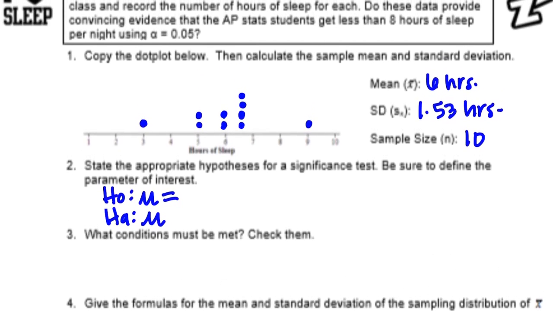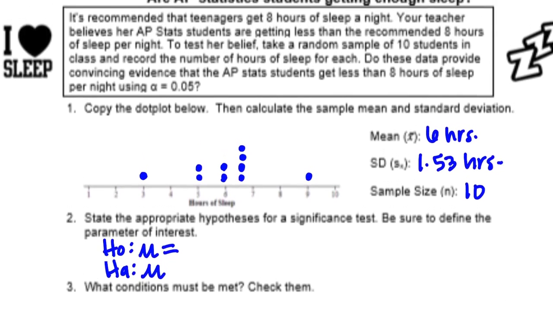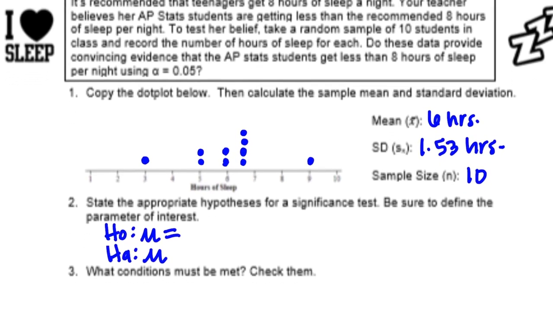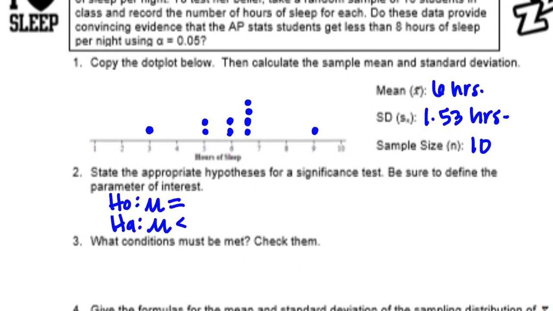And then here we look at the question. I am wondering, are students getting less than the recommended 8 hours of sleep per night? So is the true mean amount of sleep less than 8 hours? And remember, we always want to have the same number with the null with just an equal sign. Now let's define this variable.